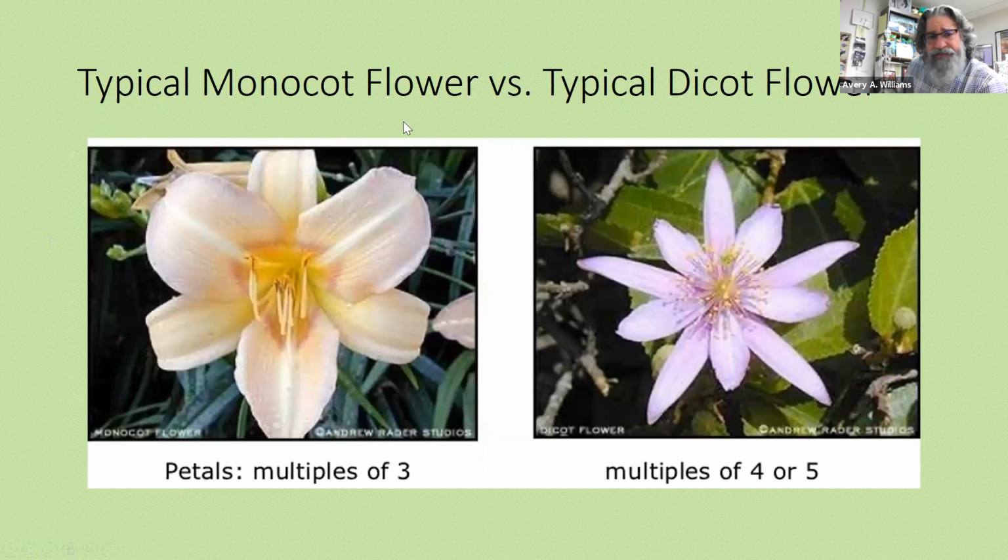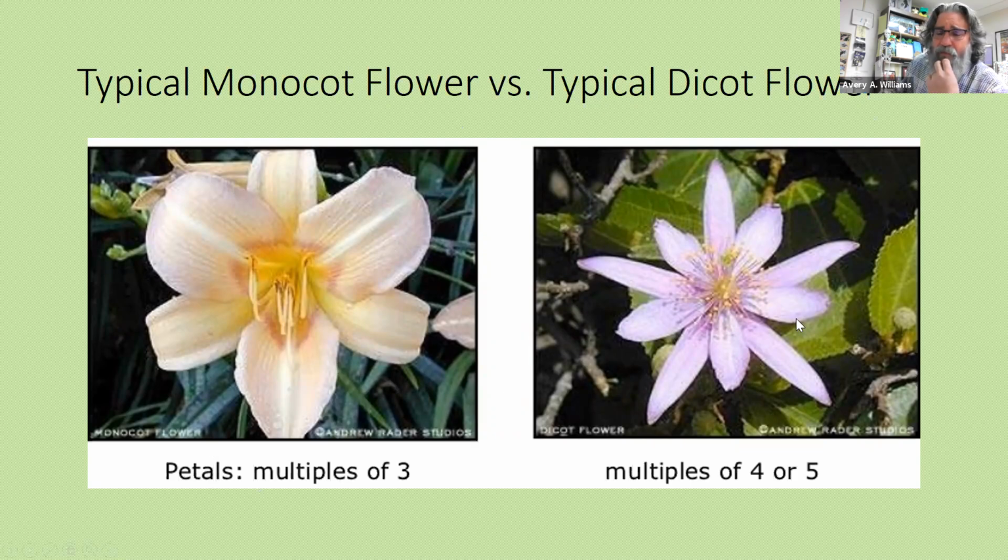And remember, there's differences in the flowers too. So here I have a typical monocot flower versus a typical dicot flower. And remember, the differences were in multiples of the flower parts, okay? And so here, if you counted the petals, these are the petals 1, 2, 3, and in the background, these are sepals 1, 2, 3. Flower parts in multiples of 3, that's typically a monocot, okay?